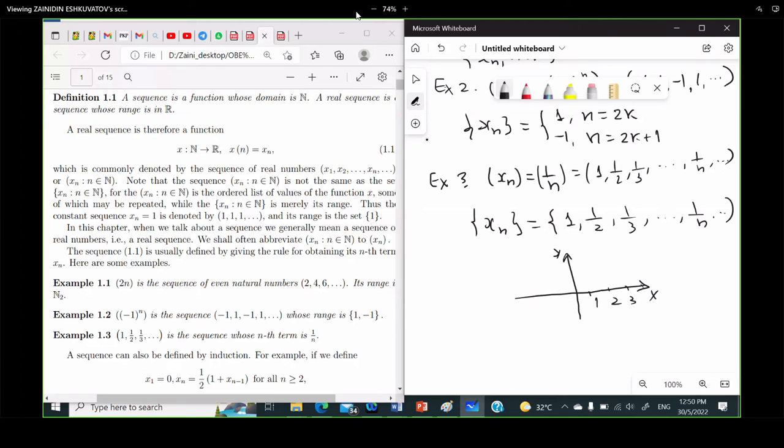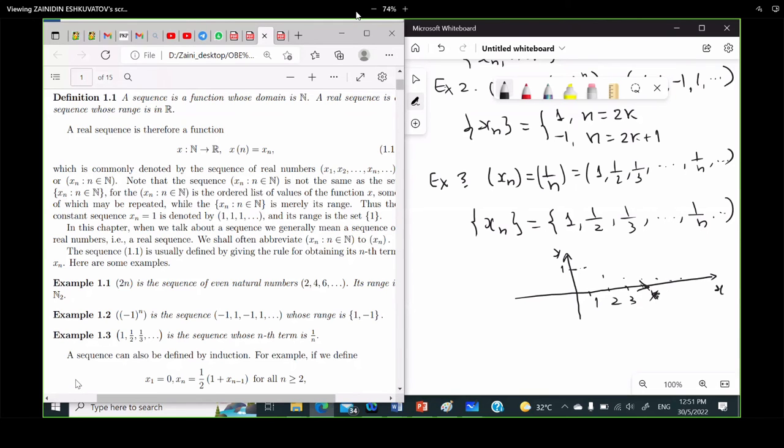The domain is n, and the values are 1, 1 over 2, 1 over 3, 1 over 4, and so on. You see, it gets the dots, dots. Understand that? So as a function, you can see it is a decreasing function. Now the range is the same as the listing of the elements. I hope you understand that.